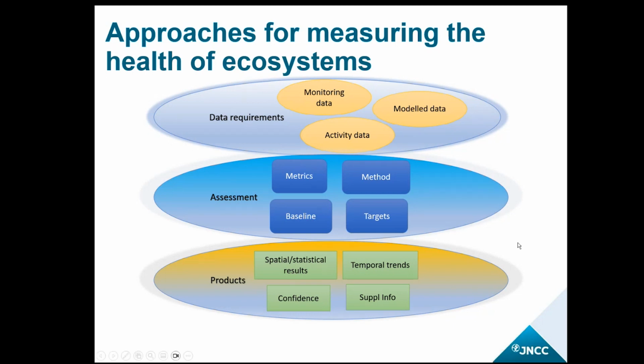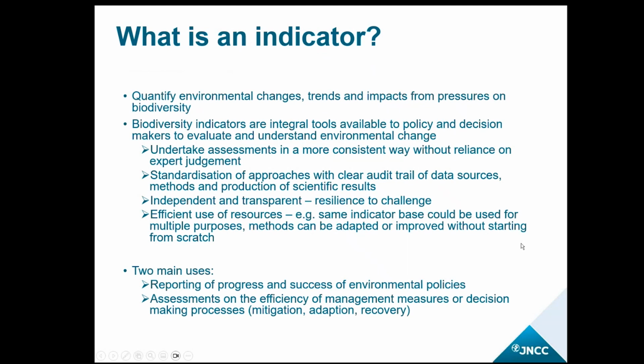So moving on now to look more specifically at indicators. Indicators quantify environmental changes, trends, and impacts from pressures on biodiversity. They're tools that are available to policy and decision makers to evaluate and understand environmental change.